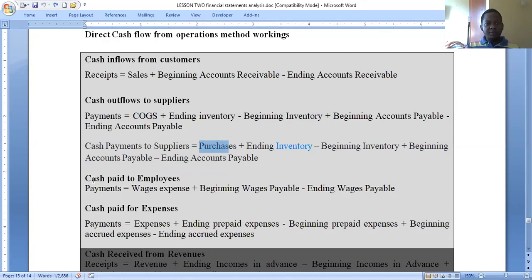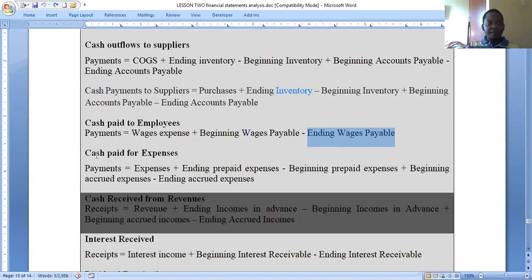Then cash paid to employees will be equal to wages expense plus wages payable at the beginning minus wages payable at the end. And cash paid for expenses shall be equal to expenses plus closing prepaid expenses minus opening prepaid expenses plus beginning accrued expenses minus ending accrued expenses.